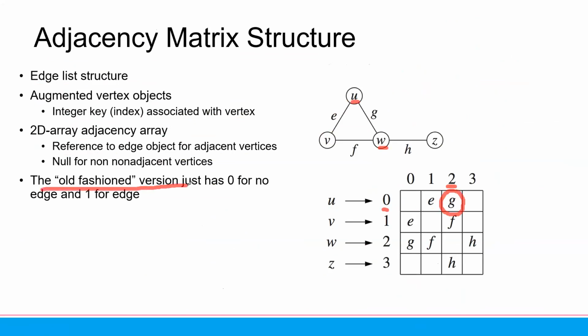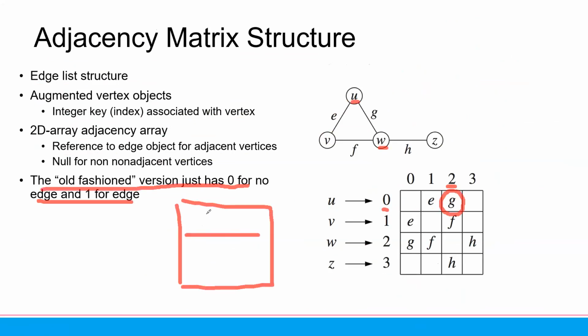The old-fashioned version just has 0 for no edge and 1 for an edge. So sometimes you can have, like, 1, 1, 0, 0. It means if it is 0, we have no edge.